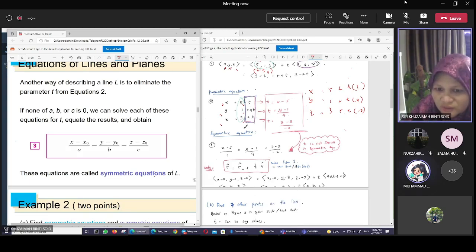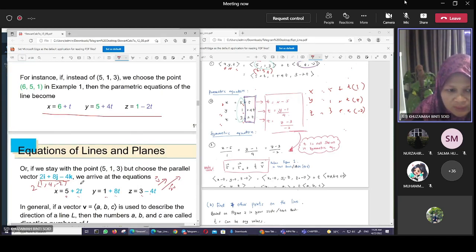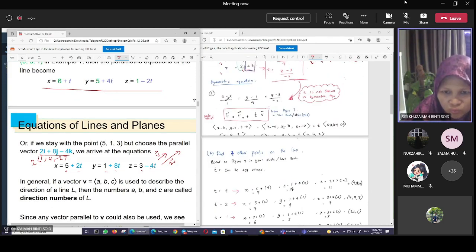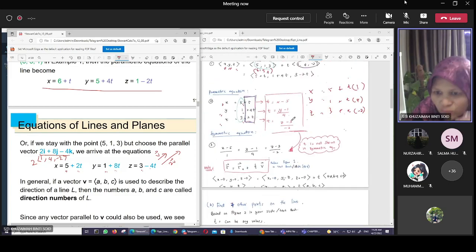Correct. Okay, so symmetric equation, if you notice, parametric is in vertical form. Actually you can also write it in this form. But I would like to tell you about symmetric. If you notice here, in the symmetric there is no variable t.